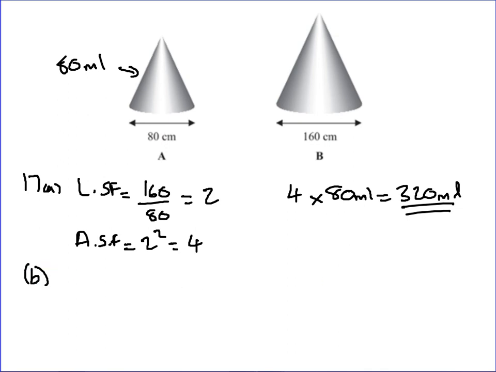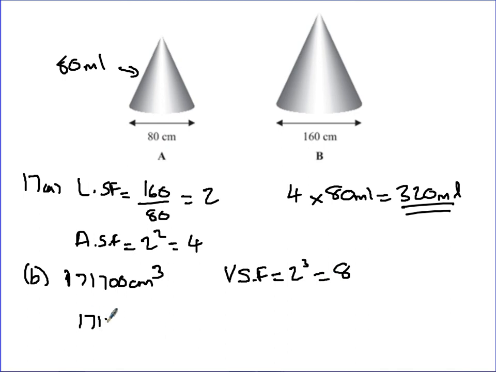Part B, the volume of cone A is 171,700 centimetres cubed. What's the volume of cone B? Well, how on earth do we do that? Well, we've got the area scale factor is 2 squared. The volume scale factor means all 3 dimensions have got twice as big, so it's 2 cubed, which is 8.